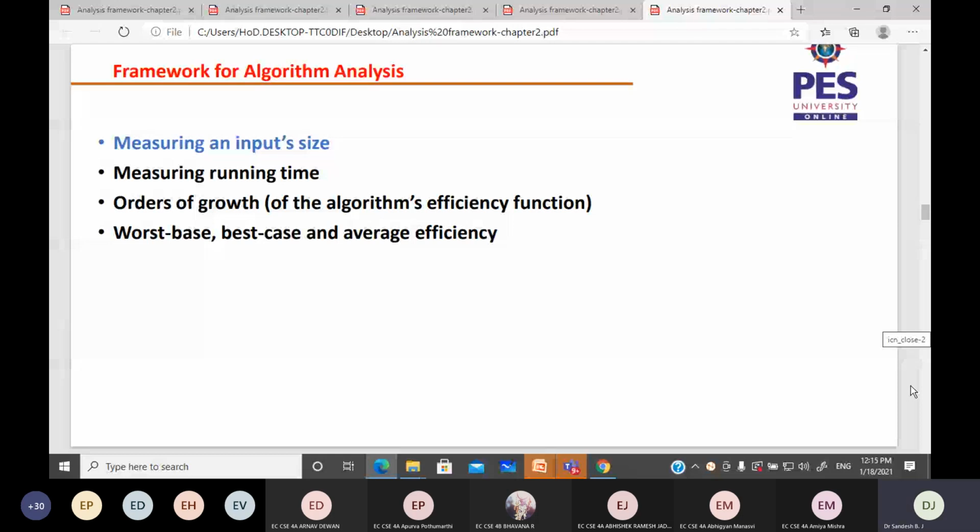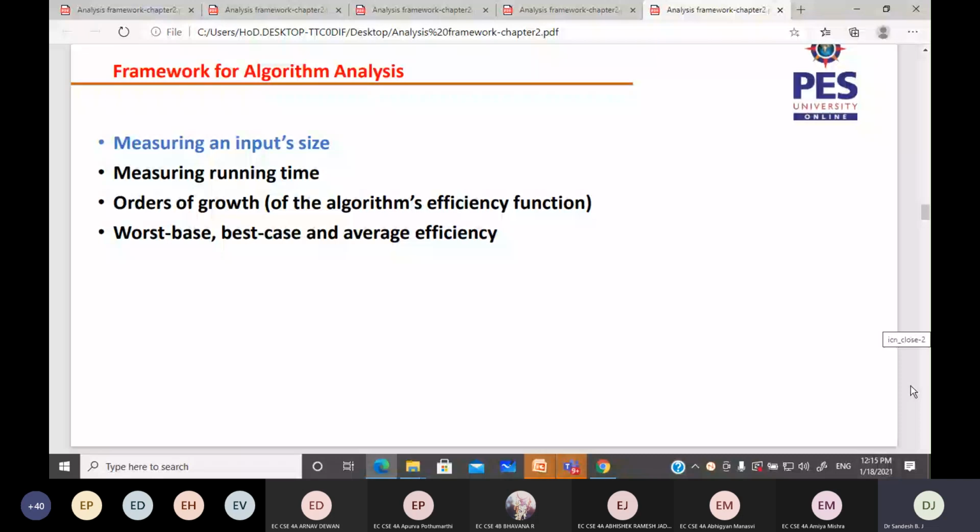As you know, it takes longer time to process larger inputs, like searching an element with a longer input size takes more time, so it becomes important for us to find the performance analysis or time analysis using the size of the input.